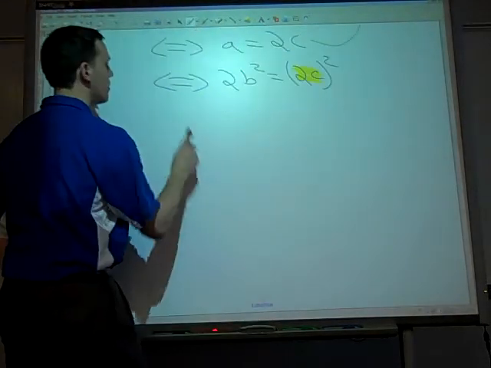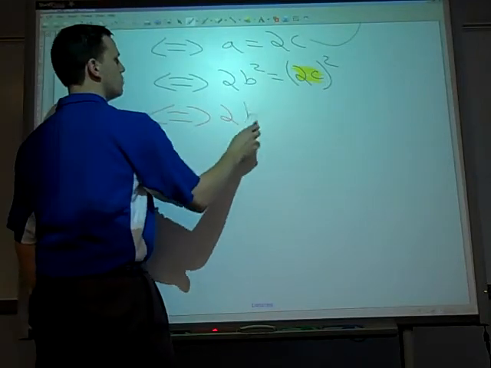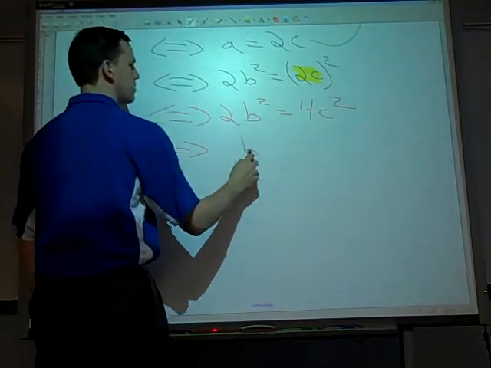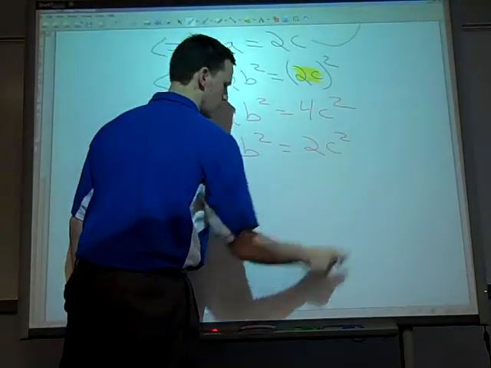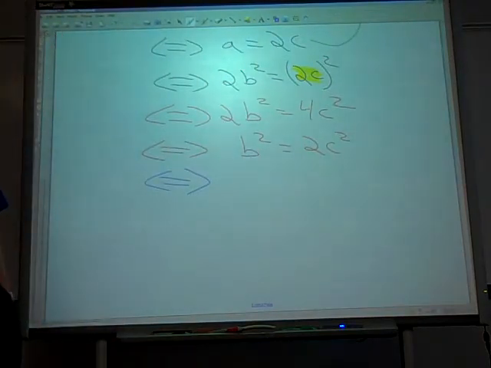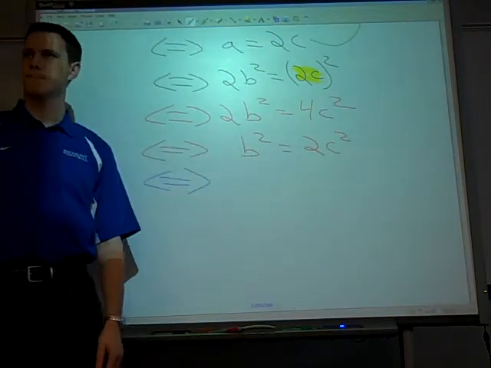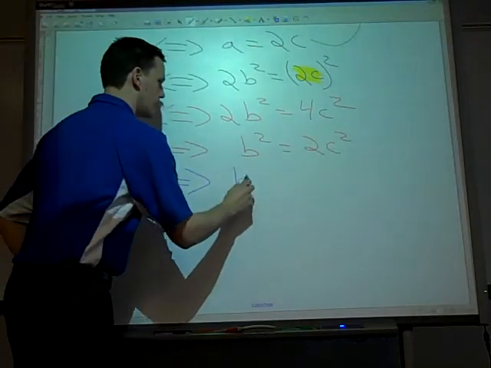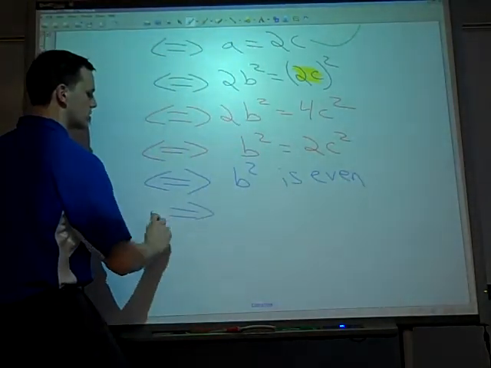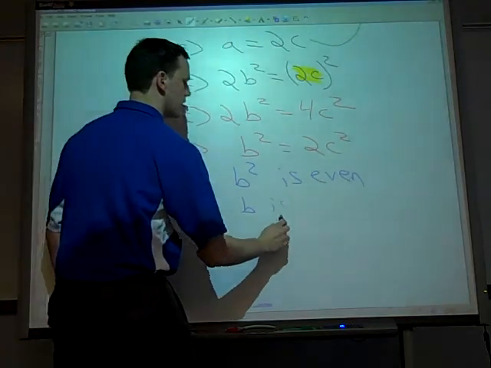So then by simplifying, 2b squared equals 4c squared. And that means that b squared equals 2c squared. Okay. What does that mean about b squared? B squared is even. Which implies that what else is even? B is even.